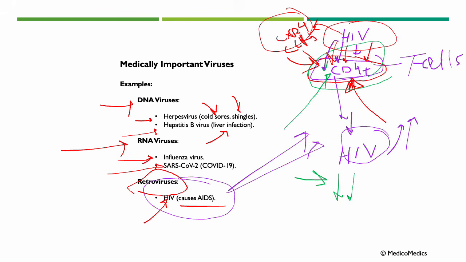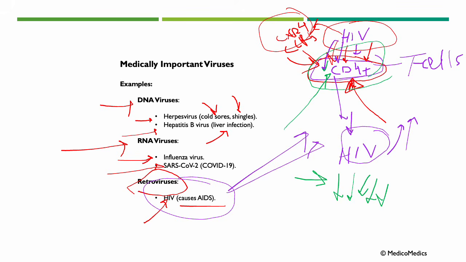So as CD4 counts go down violently, the body then becomes unable to fight off opportunistic infections. And what then happens is that we have the development of AIDS.